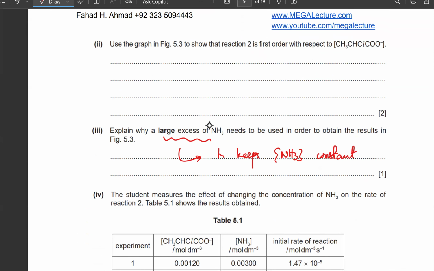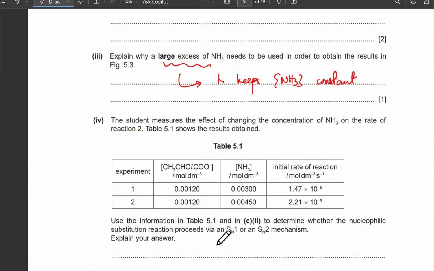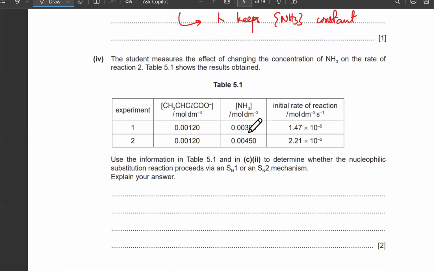Yes, sir. And then he's given you a table and he's trying to figure out the order. Because he's keeping this ion concentration constant, that means this is not doing anything. What is the change that's happening over here? That's 0.0030 to 0.0045. So that's 0.0045 divided by 0.0030.